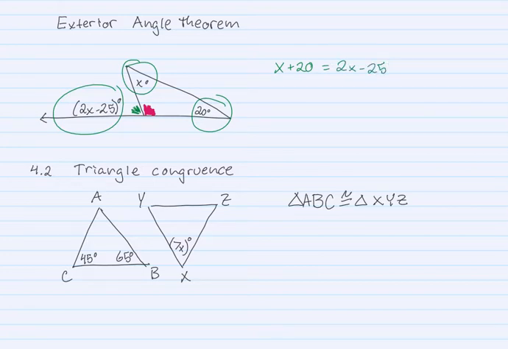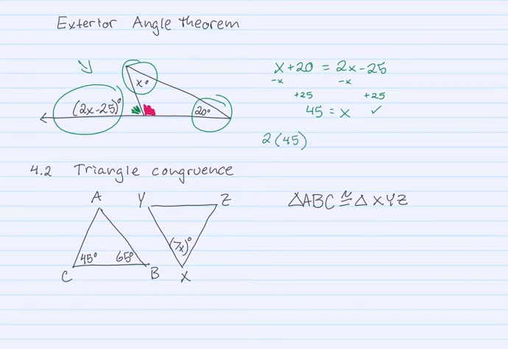And this problem, you do need to solve for x, but actually what they want you to find is the exterior angle in the very last step. So first we need to solve for x by subtracting x and then adding 25 to both sides. Combining a couple steps here, so x equals 45. Alright, and then I need to substitute that value back in for x to get my exterior angle.